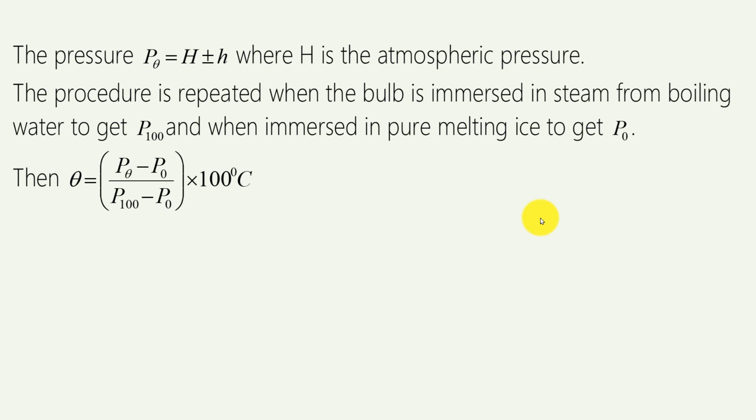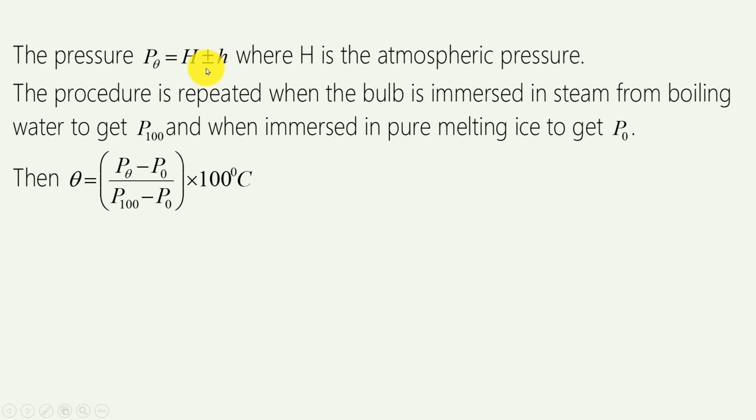So the pressure P theta is going to be capital H plus or minus small h, where capital H is atmospheric pressure. Now, why do we say plus or minus?